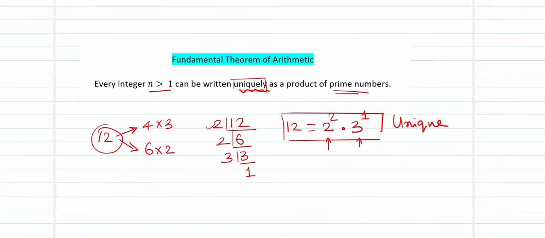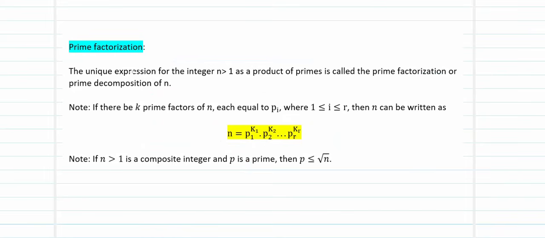What do you mean by unique? There is only one way in which we can do so. So this theorem is called the fundamental theorem of arithmetic. Now, what is meant by prime factorization? The unique expression for an integer n, where we express it as a product of primes, is called a prime factorization.